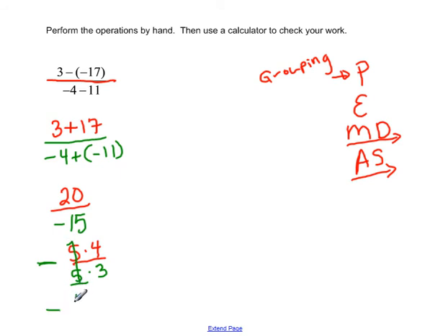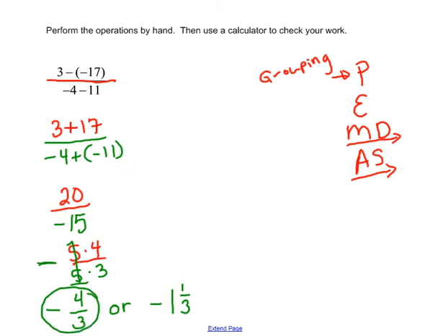So my final answer would be negative 4/3. And you might go ahead and take one more step and change that to the mixed number, negative 1 1/3. But remember, we've said that we really prefer the improper fraction for our final answer. So that would be our preferred final answer.